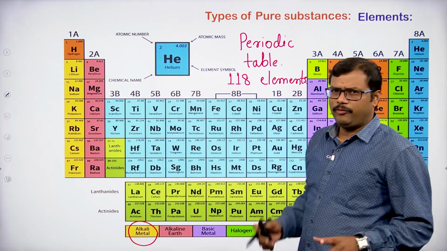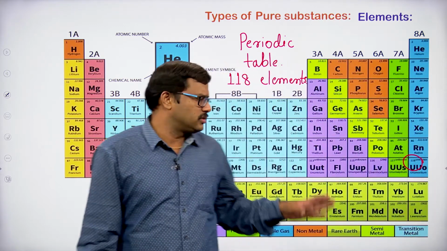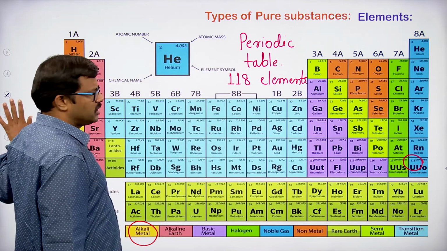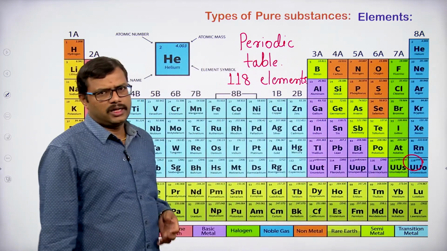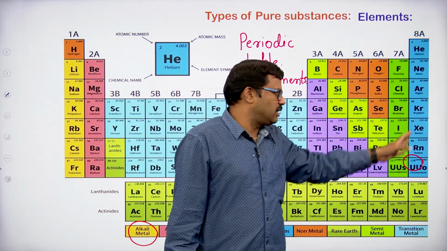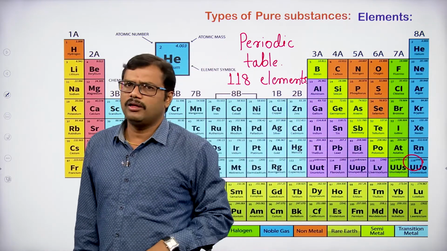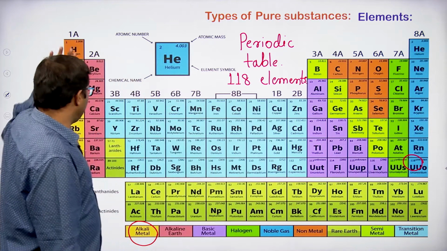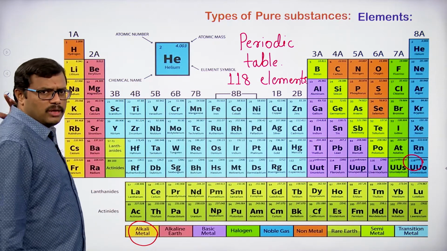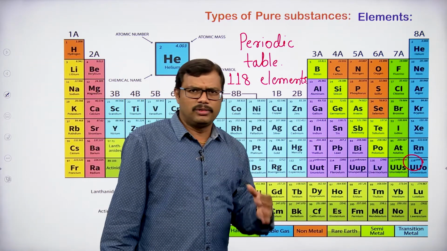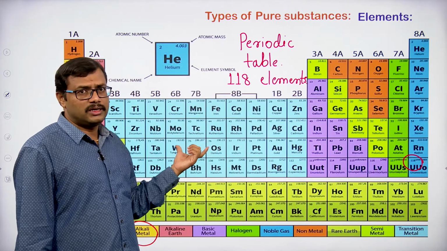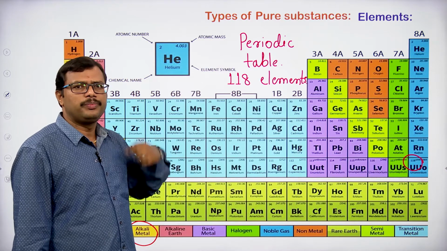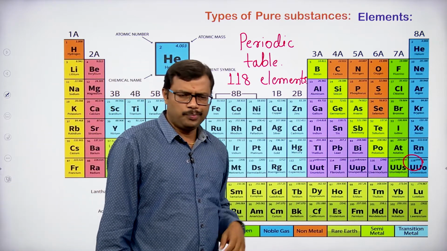This is the left side of the periodic table and this is the right side. The noble gases are present at the extreme right side, alkali metals at the extreme left side, and transition metals in the middle of the periodic table.